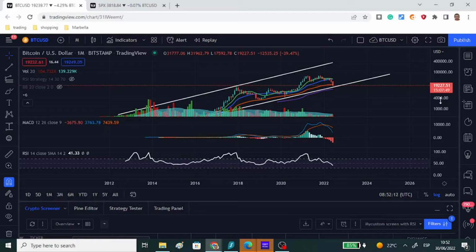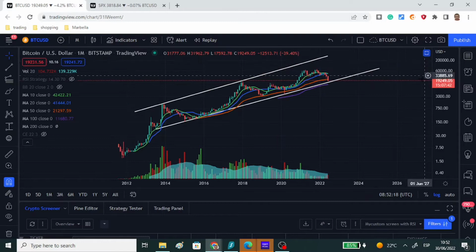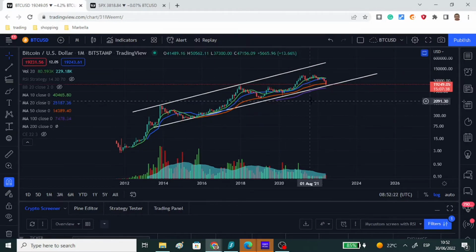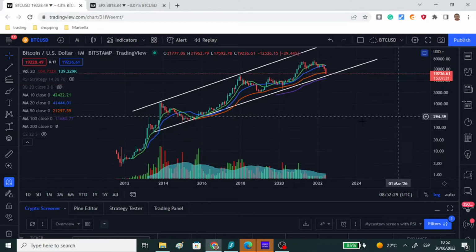So let's go through the chart. Okay, as you can see here, this is the monthly chart of Bitcoin. And we are really close to the strong support zone here, right?